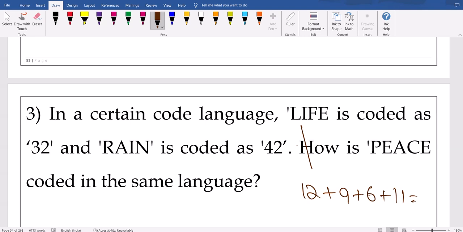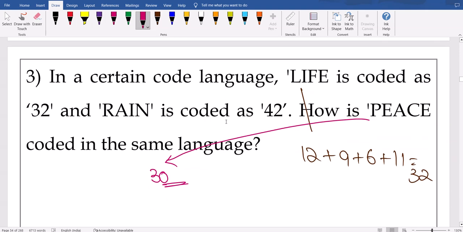For peace, if you do addition directly, P is 16, E value 5, A value 1, C is 3, E is 5: 16 plus 5 is 21, 22, 25, 30 should be your answer. It's straightforward. We have to go for forward coding, then addition.